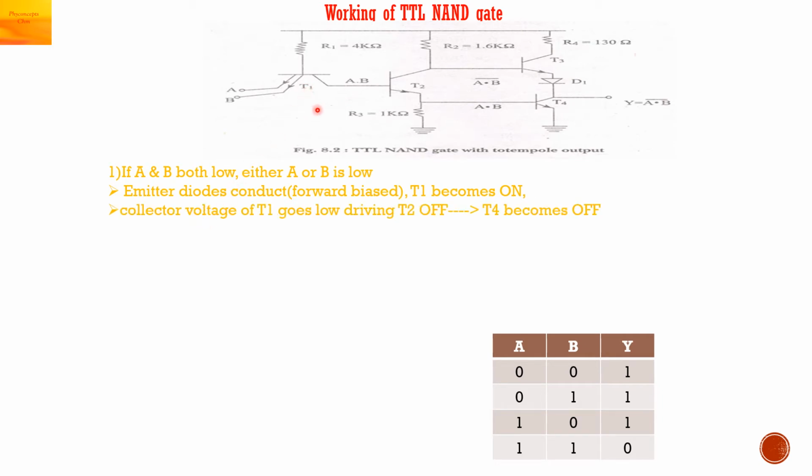Because of that, the collector voltage of T1 will go low, which will switch off T2. As T2 is off, T4 will also be off, and hence the output Y is high.